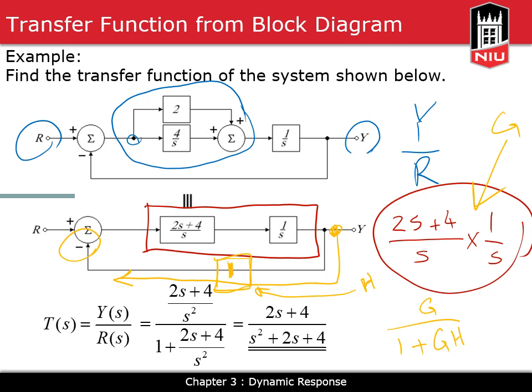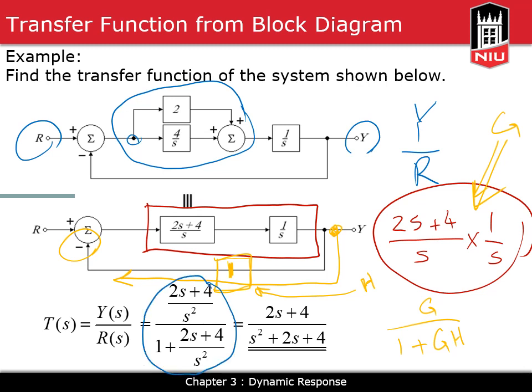So the equivalent transfer function to that feedback loop, which would be basically the transfer function we'll look for, Y over R, because there would be nothing else left, is basically G over 1 plus GH, where G is right here, 2s plus 4 over s squared, divided by 1 plus 1 times 2s plus 4 over s squared. So that's how we come up with this right here.